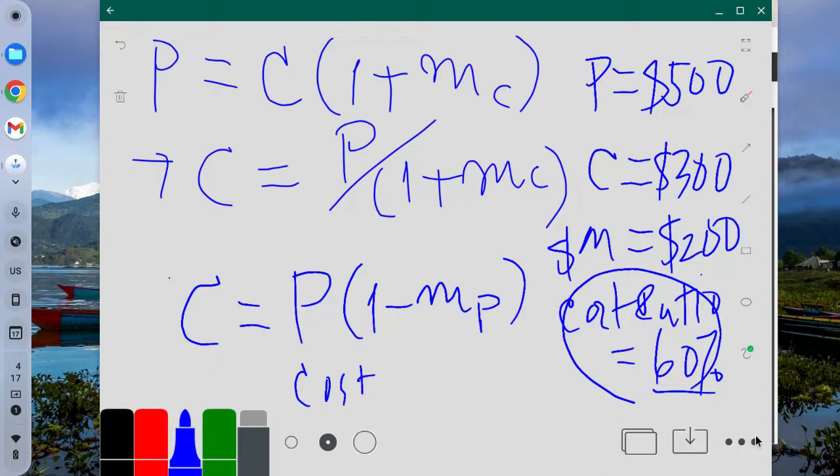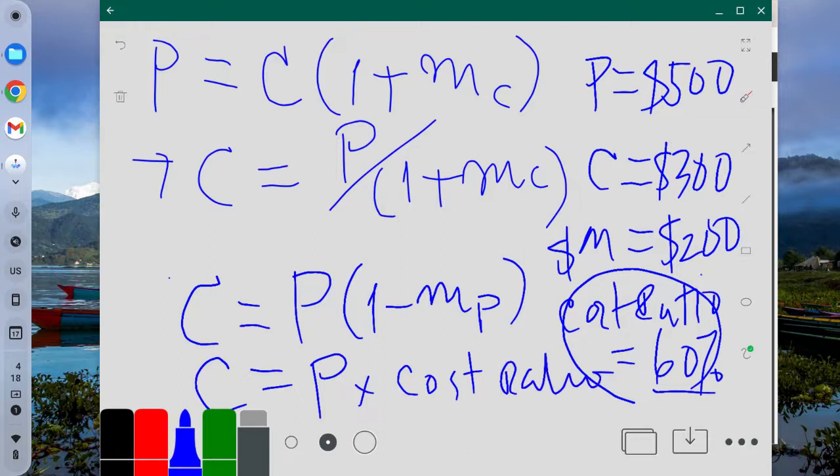So anyway, by using cost ratio, the third method to estimate the cost is simply price times cost ratio, right?